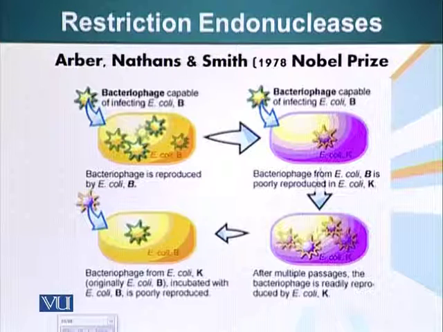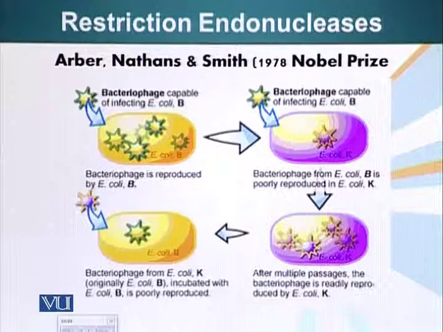I would like to say a few words about their discovery. It is important. The scientists noted that a bacteriophage, the virus that can infect a bacterial cell, was infecting E. coli B strain.